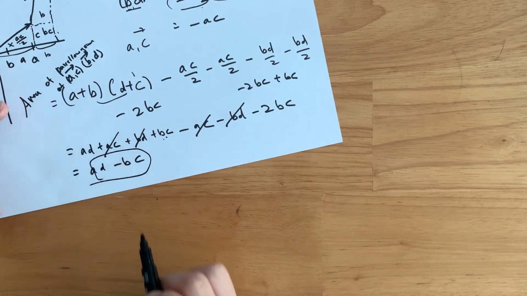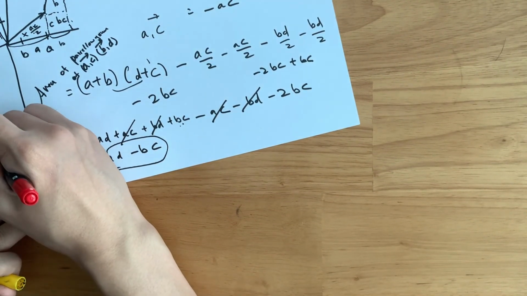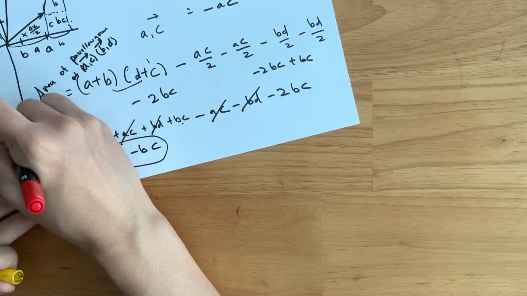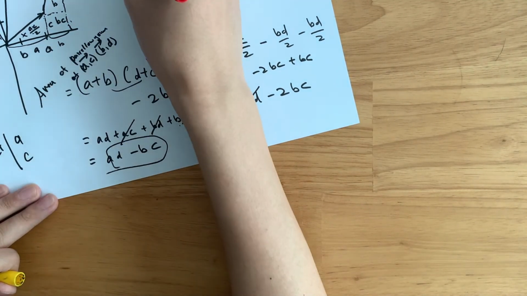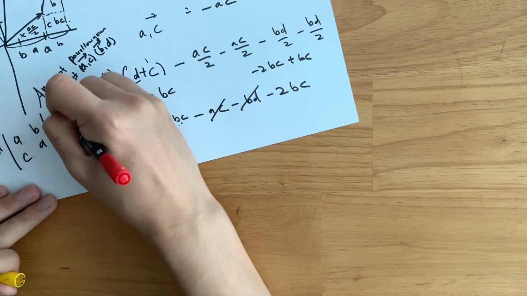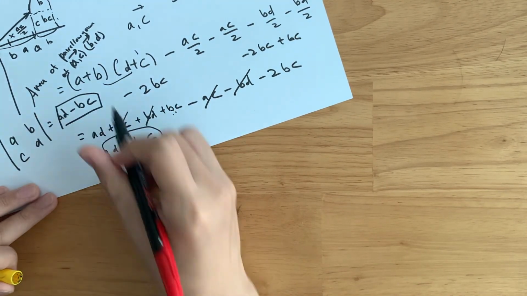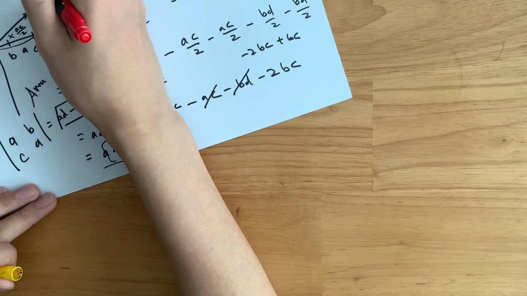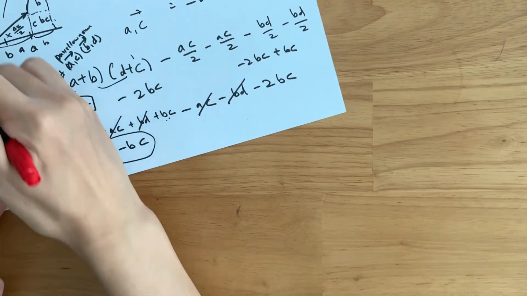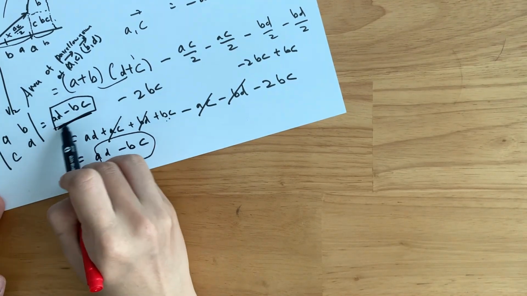What is this? This is called the determinant. The determinant of the vector AC here and BD here is AD minus BC. That's why we know that the area of this part is AD minus BC. So by law, for these two vectors, vector 1 and vector 2, the area is AD minus BC.